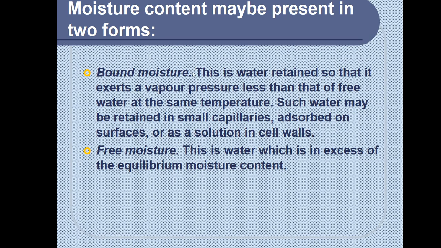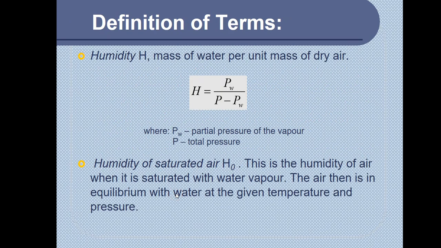So that's bound moisture. It remains in the matrix of the solid, or of the material. What about free moisture? This is water which is in excess of the equilibrium moisture content. Now, those are the two types of moisture.